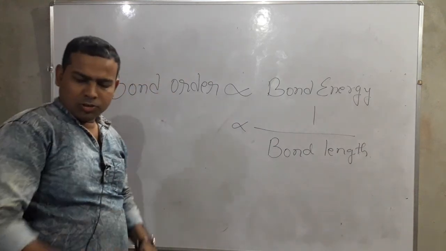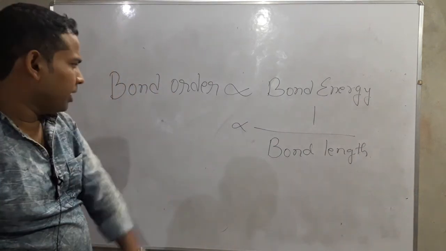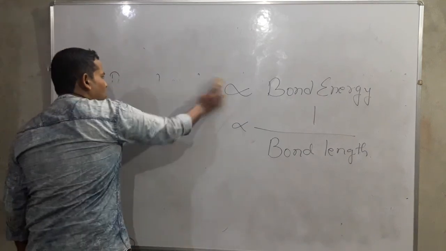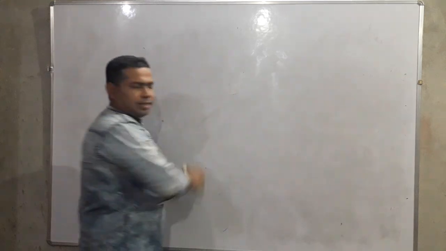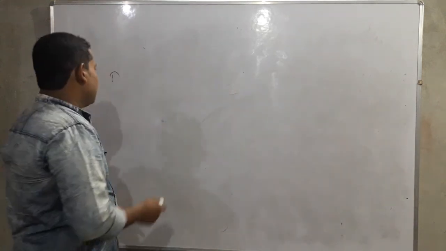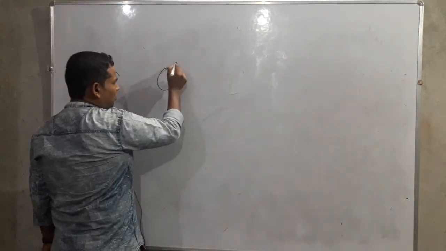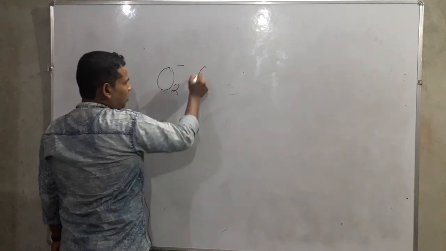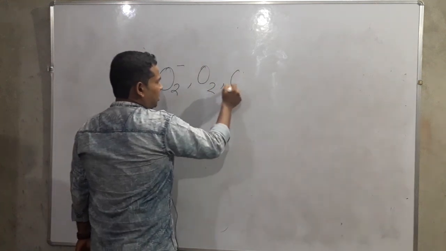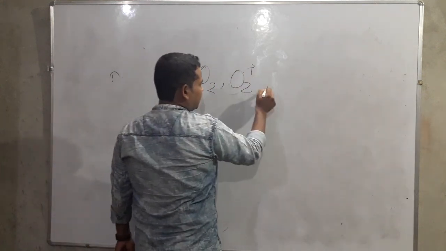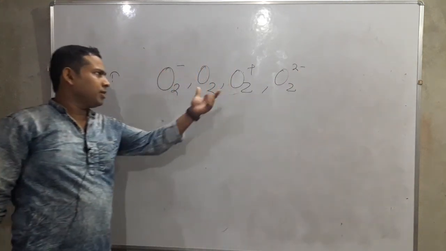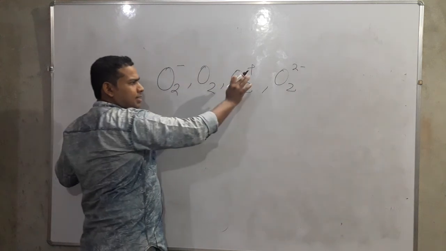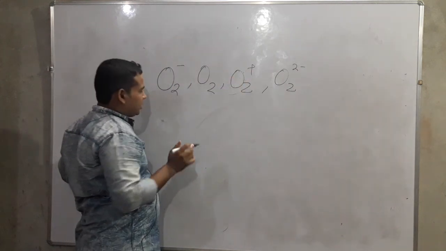Okay. So in case of homoatomic ion, how will you arrange them? Say for example O2 minus, O2 plus, O2 2 minus. For homoatomic ions, as the positive sign increases, bond order also increases.